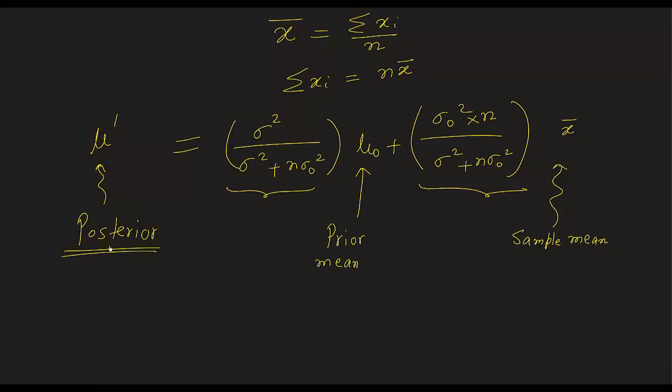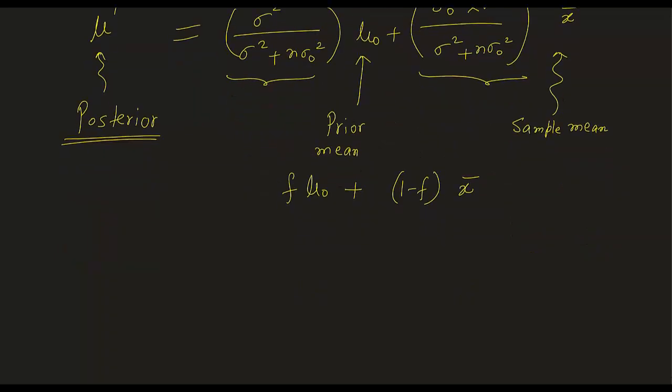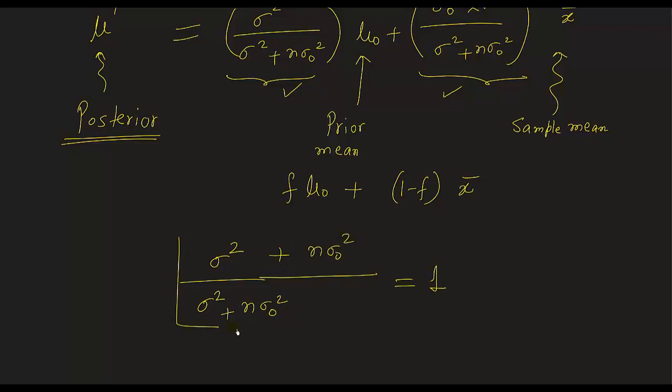So basically posterior mean is some fraction f times prior mean plus 1 minus f times sample mean. Why am I writing 1 minus f? You can see if you sum this term and this term, both have the same denominator, so the numerator simply becomes sigma square plus n sigma naught square. So this is equal to 1. That means my posterior mean is some fraction of prior mean and some fraction of sample mean.